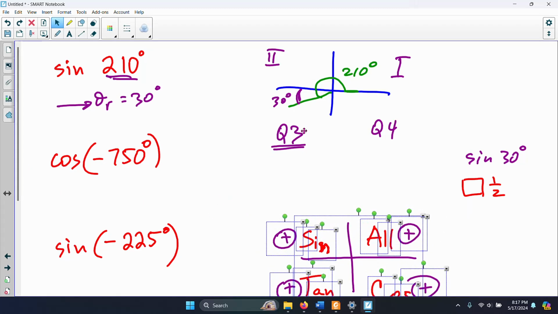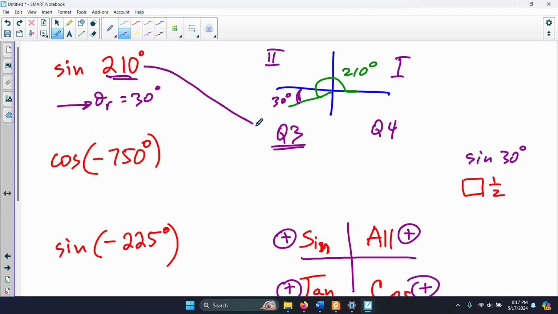Notice what's happening. We land in the third quadrant, and in the third quadrant, sine is negative because only tangent is positive, and everybody else is negative.